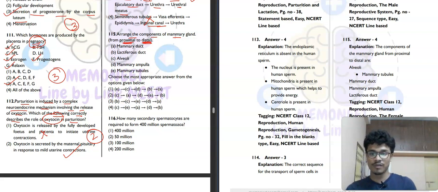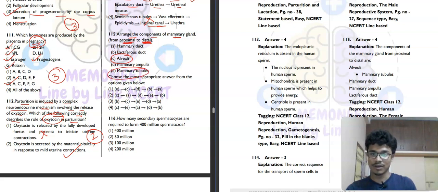So the components will be, first of all, the alveoli. This is the first one, C is the first one. Proximal to distal, it is saying. So alveoli will be the first one. Then it will be mammary tubules.